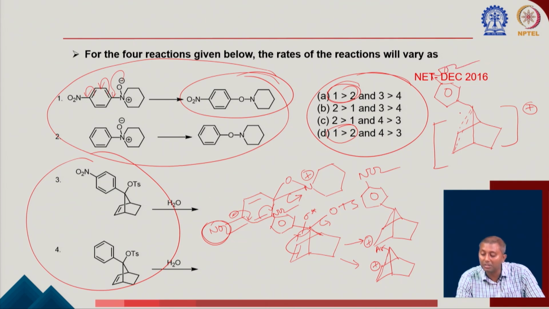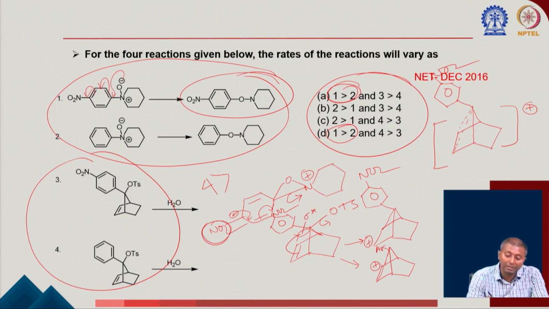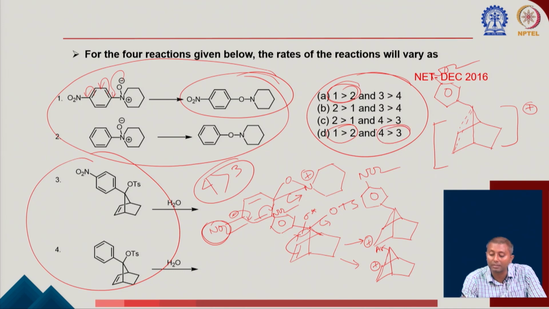Now if there is a positive charge here, and you have an aromatic ring with a nitro group, that positive charge will be destabilized. Correct. So if you don't have the nitro group, then that will be reacting faster compared to the one with the nitro group. Despite having the nitro group, this will be reacting slower. So the reaction of compound 4 will be faster compared to 3. So we want to look for the option 4 greater than 3. So D will be the correct option here.